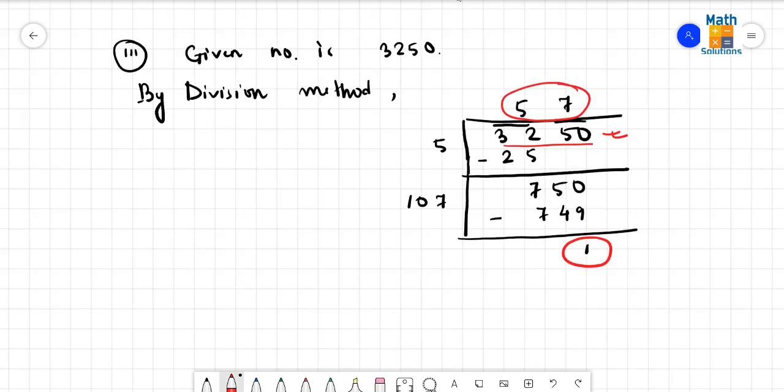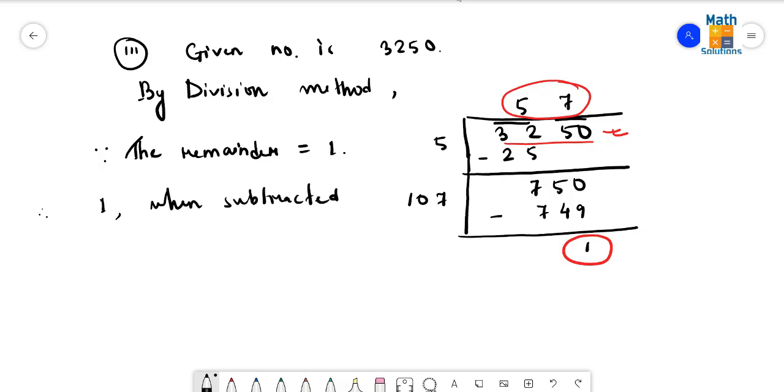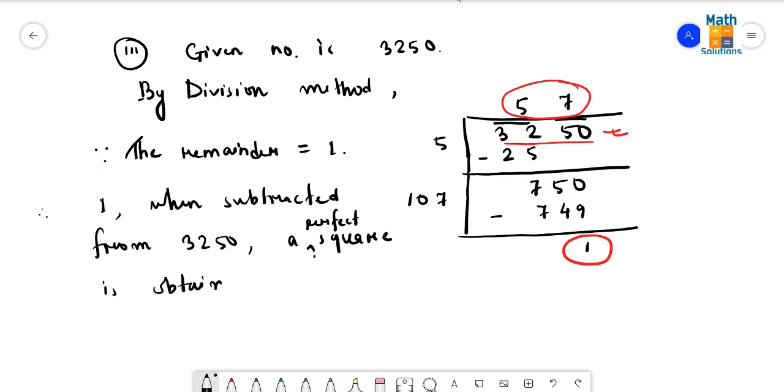So let us write down here. Since the remainder is equal to 1, therefore 1 when subtracted from 3250, a perfect square is obtained, and that is, what is that? 3250 minus 1, it is 3249.